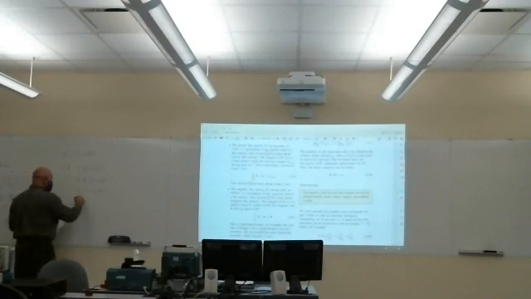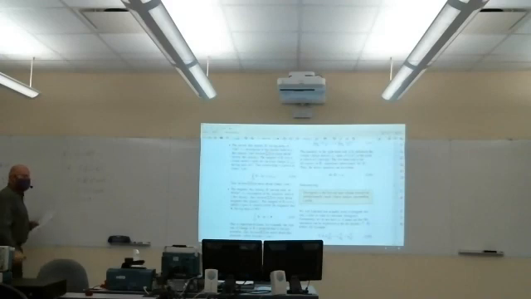Then finally the r squareds cancel out, and I get just 3 cosine theta for the divergence of this particular field.